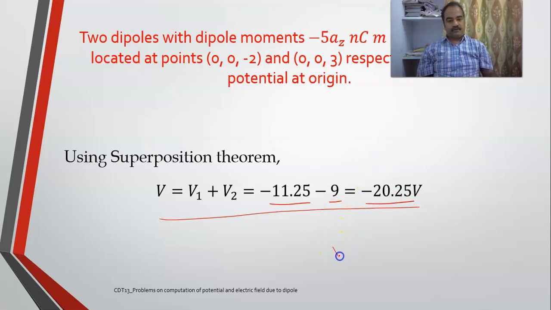So for easy understanding, we have tried different values, right? Next we tried it as m bar dot uz bar.